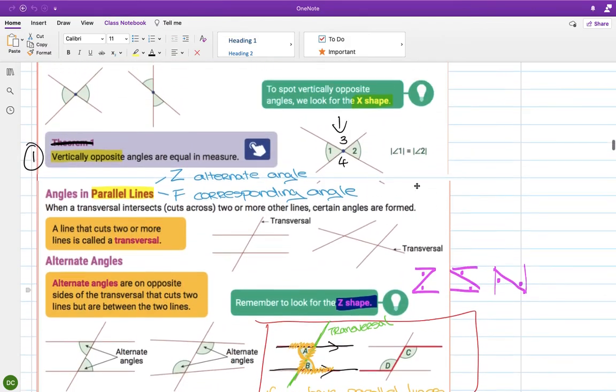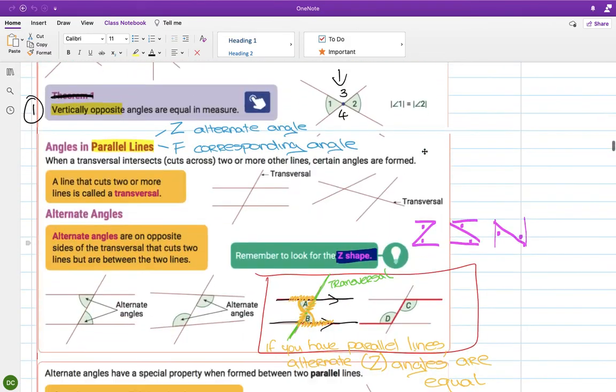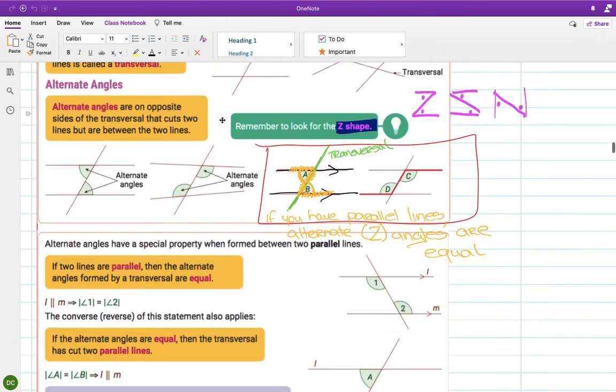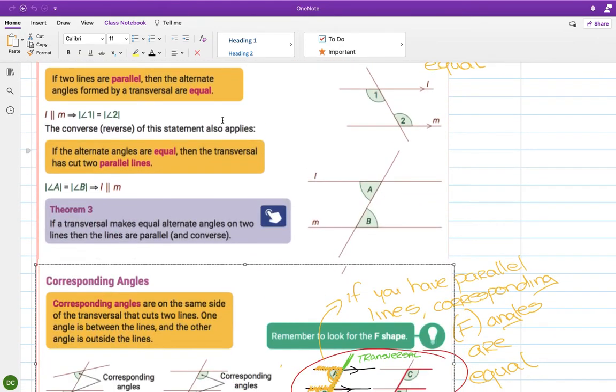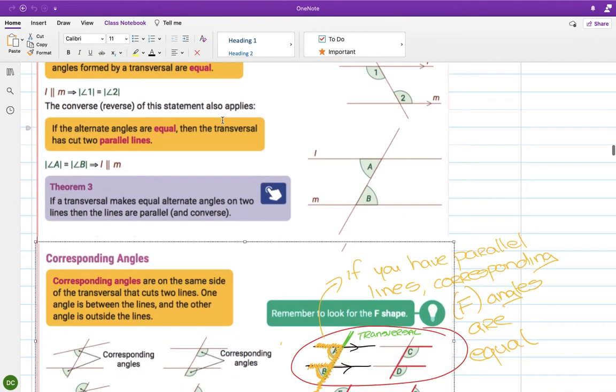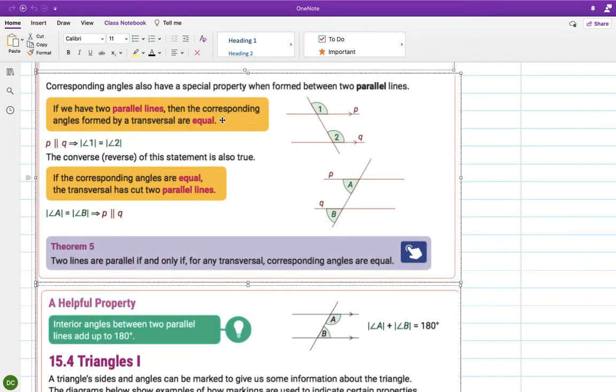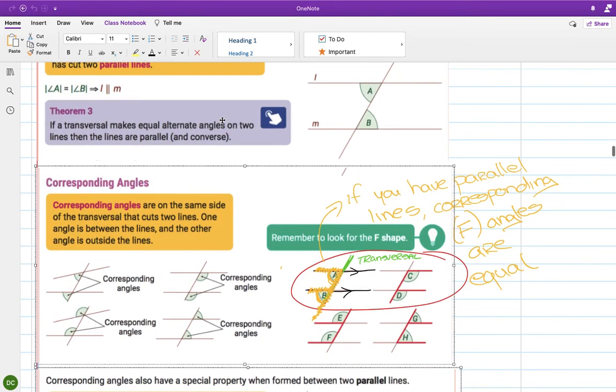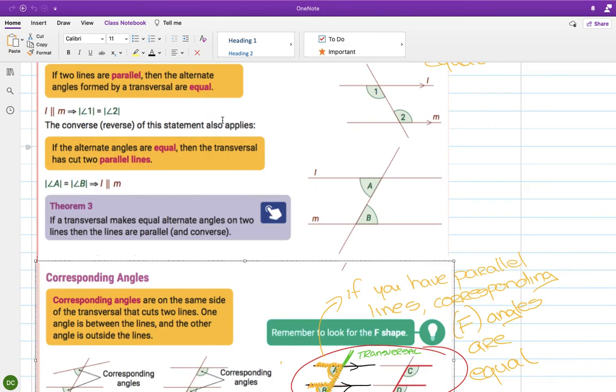So that is the first theorem, your vertically opposite angles are equal in measure. The second theorem is: if a transversal makes equal alternate angles on two lines, then the lines are parallel, and you can say it the converse way.